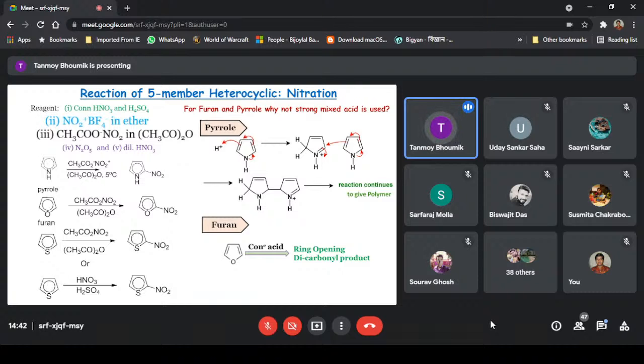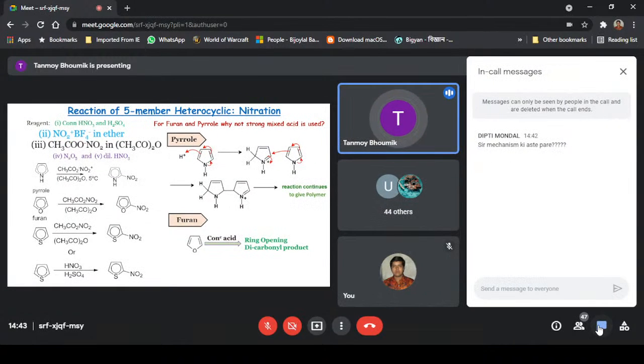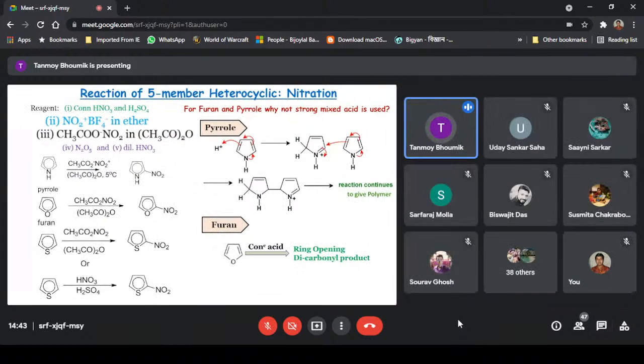In the case of this type of acid, no polymerization or dimerization occurs. No reaction occurs. So the conclusion: strong acid medium should be avoided for the furan and pyrrole molecule.